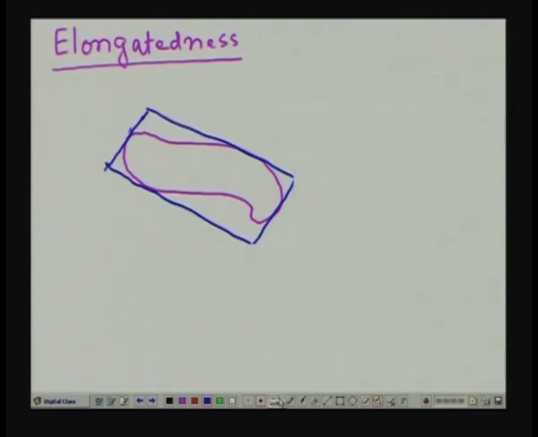Now, in this particular case, this shape has not become a proper rectangle because the angles have to be 90 degree. So, I have a bounding rectangle like this, and this bounding rectangle has to be of minimum size. So, this is what is called minimum bounding rectangle.